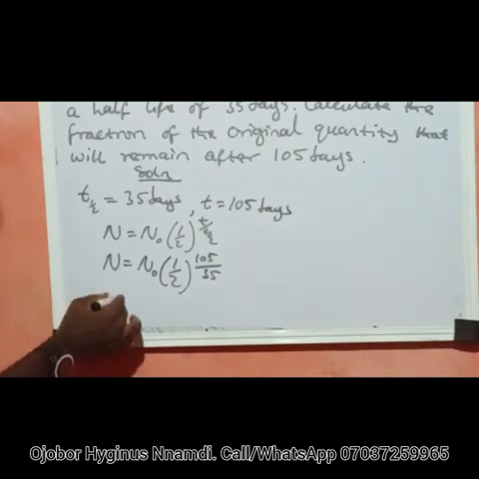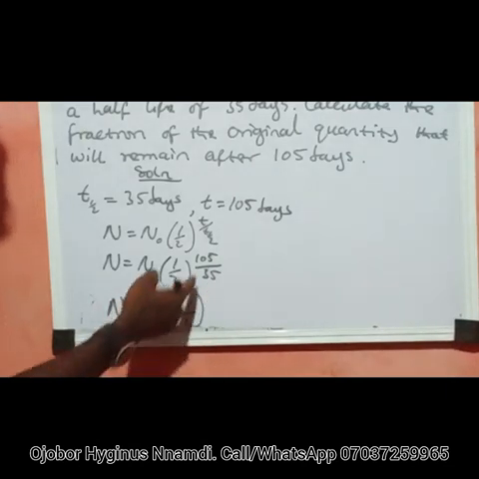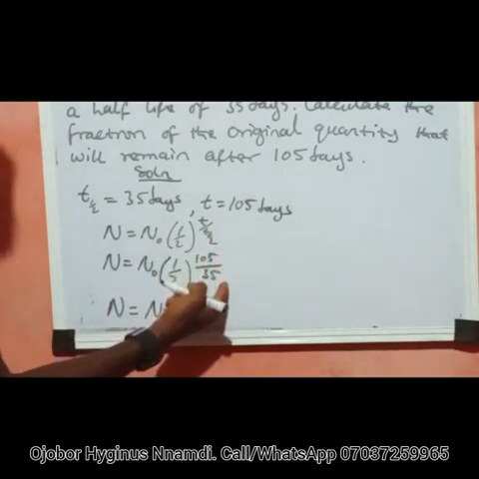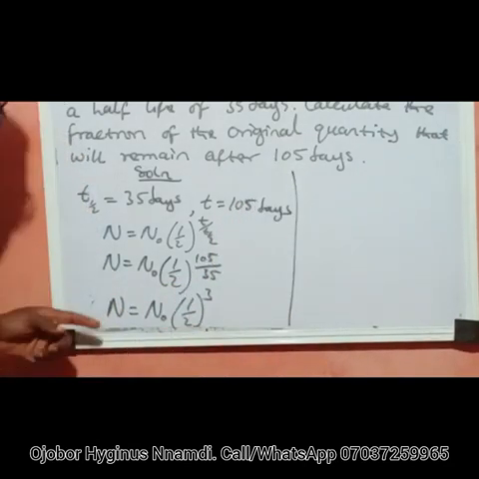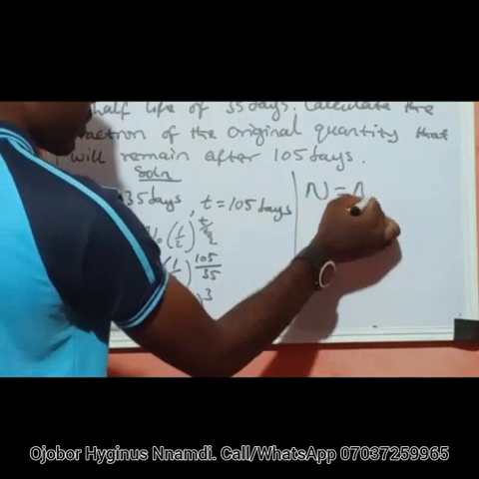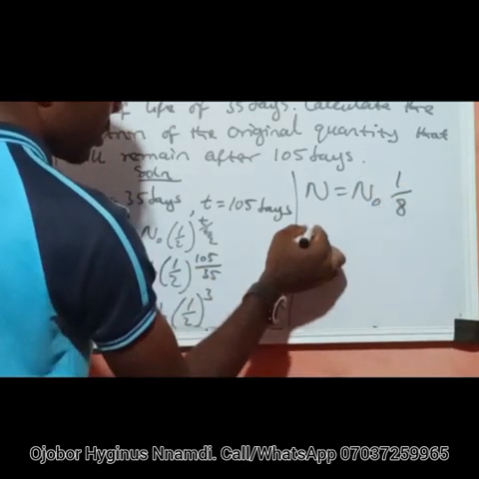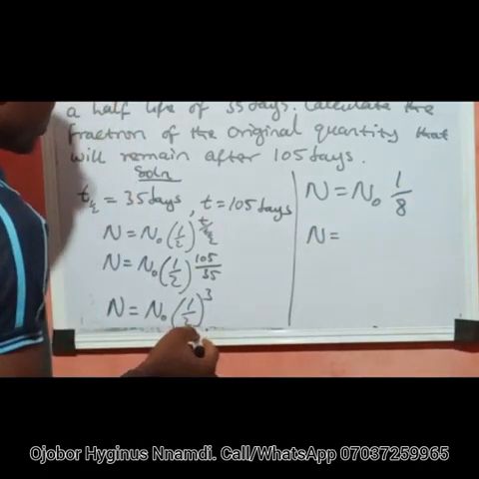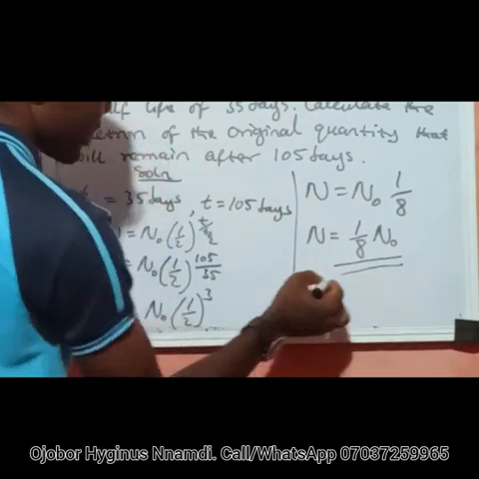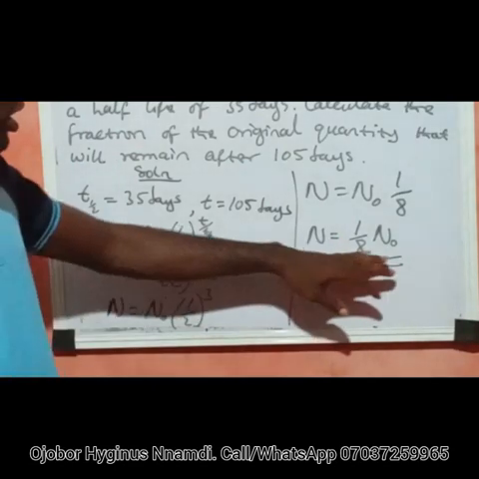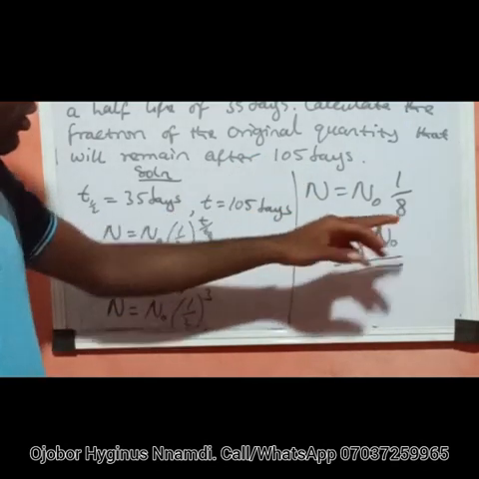If we do that, we have that N equals N naught 1 over 2 raised to power 105 divided by 35, which is 3. And we know that 1 raised to power 3 is 1 and 2 raised to power 3 is 8. So a fraction of the original quantity that will remain is 1 over 8 of the original quantity. That is the answer to this question. A fraction of the original quantity of atoms that will remain after 105 days is 1 over 8 of the original quantity.